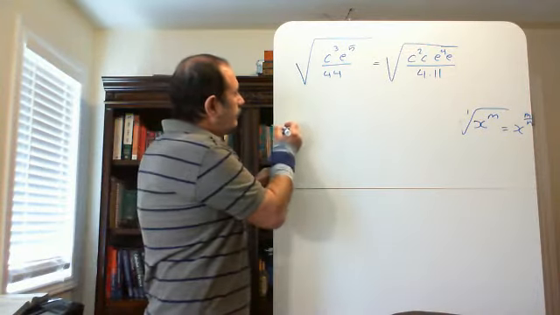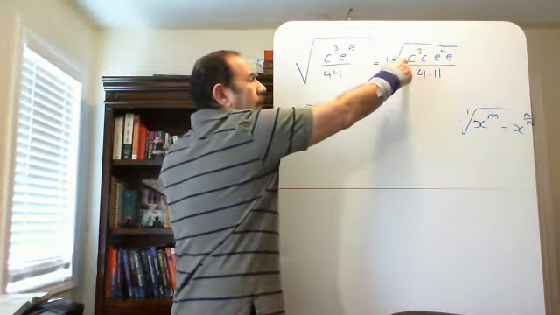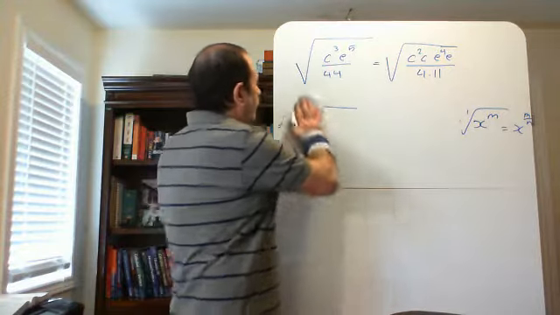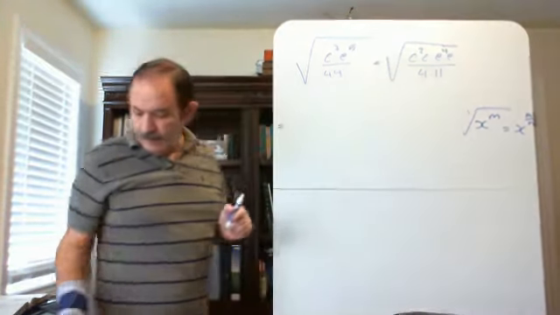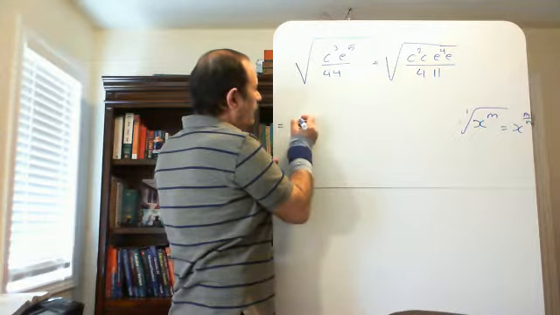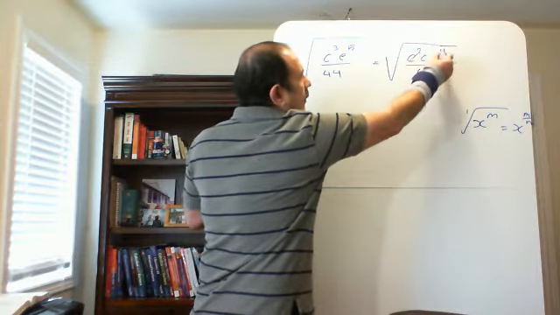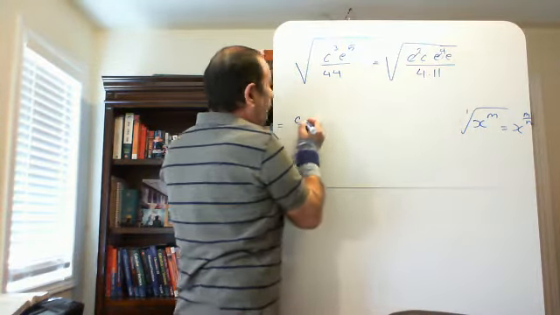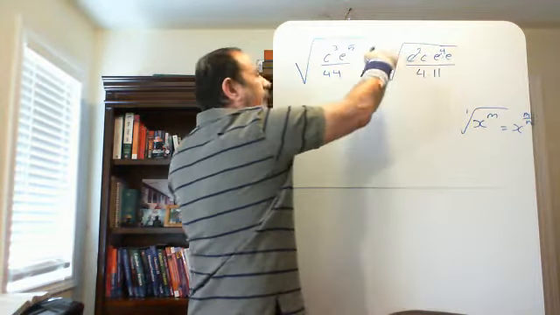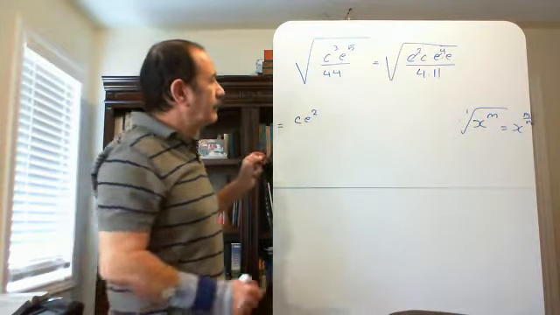Now, I can take this c to the power of 2 out of the radical, I make it c. The e to the power of 4, if I bring it out of the radical, it's 4 divided by 2, e to the power of 2.